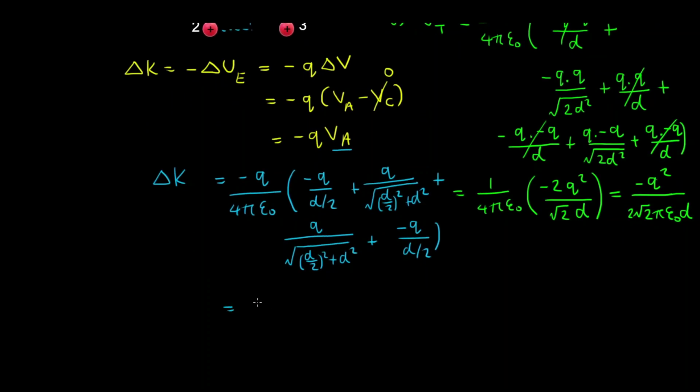Doing a bit more simplification, we have minus Q on 4 pi epsilon naught, and Q on d on 2 is 2Q on d. So what we have is minus 4Q on d, and then the sum of the second and third terms gives us plus 2Q, and if we factor out d squared, we have over d by the square root of 1 on 4 plus 4 on 4, which is 5 on 4.